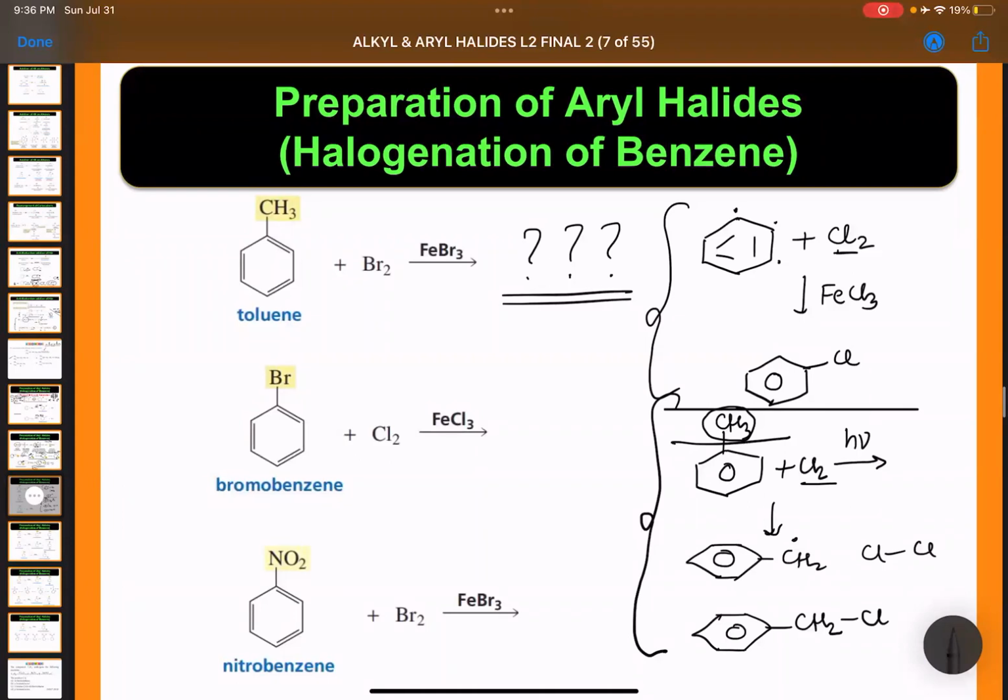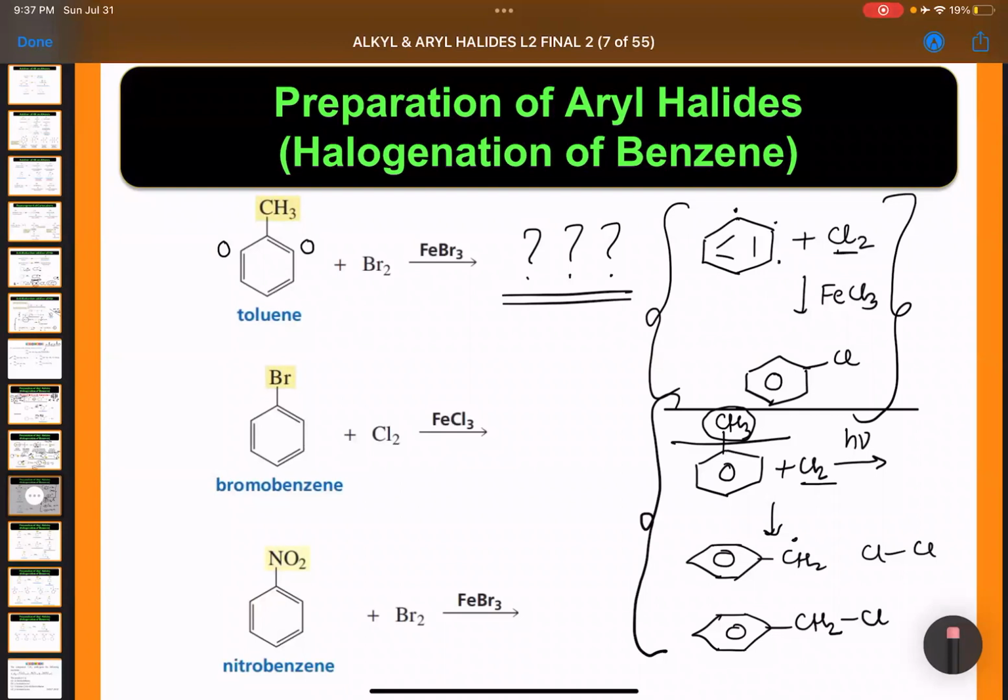Okay, is it like chlorobenzene? No. In chlorobenzene, all 6 carbons were the same, it was symmetrical. But in this case, it's not the same. Okay, you can attach the Br at these positions. These positions are known as ortho positions, the positions adjacent to the group which is present.